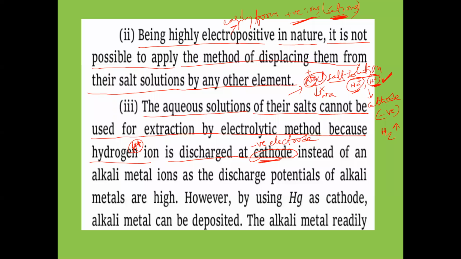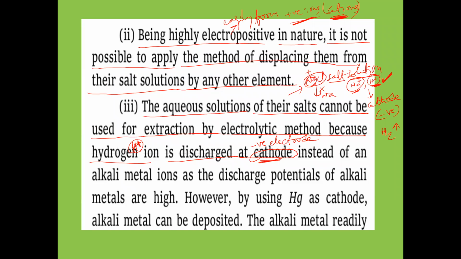So sodium metal cannot be extracted by this method at the cathode. We cannot get sodium. What we get is H2 gas, because H plus ions will be discharged before Na plus. When Na plus and H plus are both available, which will be preferentially discharged? H plus ions will be discharged preferentially, because H plus ions have low discharge potential.